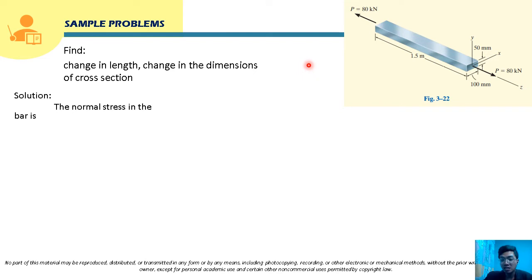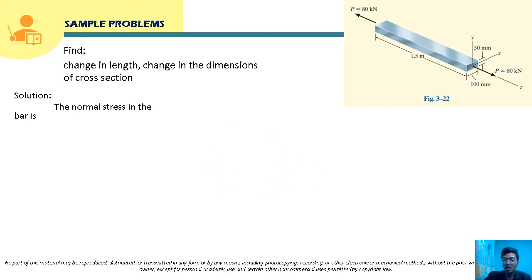We can solve for epsilon, which is the strain. Remember the formula for strain, that is actually deformation over L, or the original length, right? So we can solve first for the epsilon, or the strain.